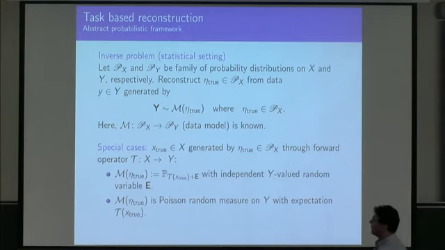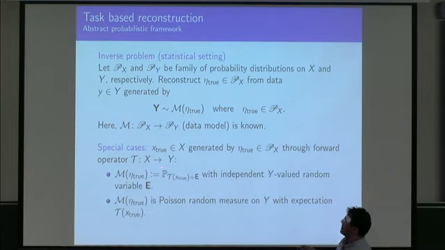So it essentially gives you the probability distribution induced by this random variable. And here is your forward operator popping up, acting on the true image, and then there is an additive random variable which has a certain probability distribution, right? This will bring you back to the functional analytic formulation. And you might, of course, include Poisson random measures, if you have, for example, in PET imaging, where the second line here is actually of relevance.